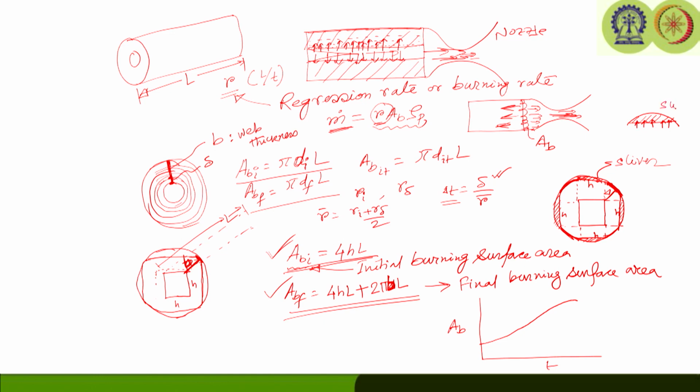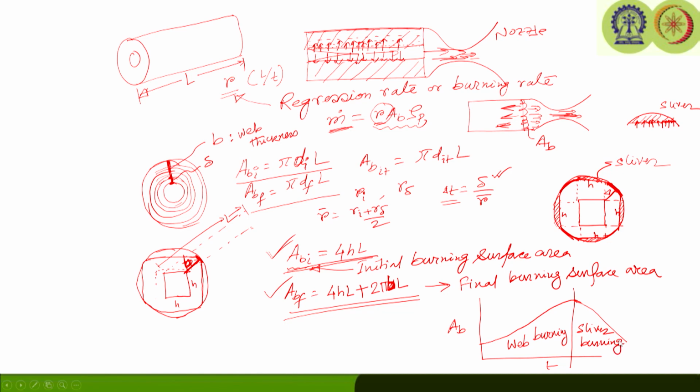So, the sliver is going to burn, but the surface area is going to reduce. This part of burning, which was basically burning the web, is called the web burning, and this part is called the sliver burning.